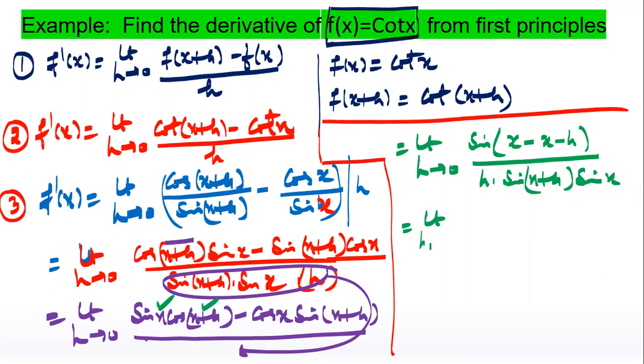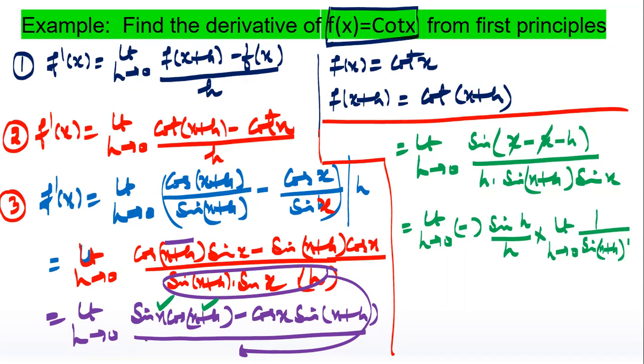Limit h tends to 0, it will cancel out. And sine of minus theta is minus sine theta, so it will be minus sin h upon h into limit h tends to 0 of 1 upon sin(x+h) into sin x.